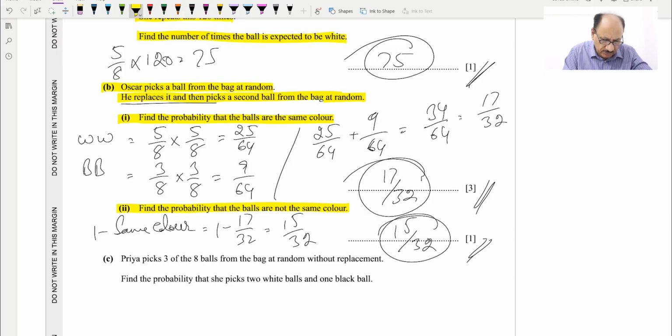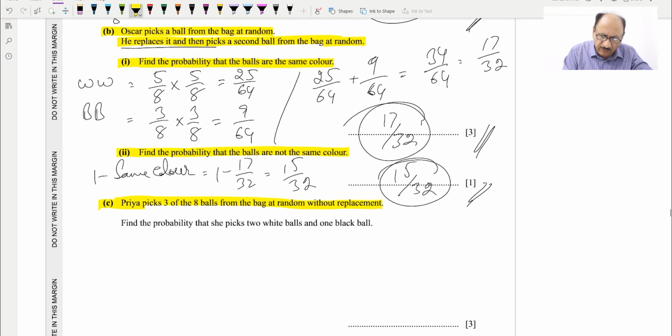Hopefully you understood this. So C part, Priya picks 3 of the 8 balls from the bag at random without replacement. Find the probability that she picks 2 white balls and 1 black ball. So again, now we can understand why 2 white and 1 black.